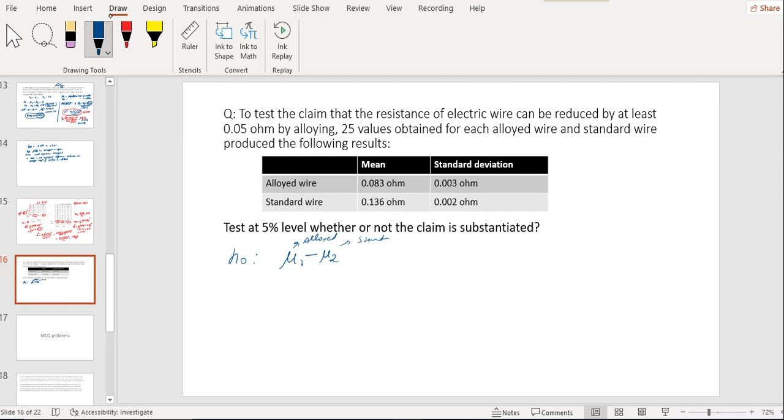When we alloy, the resistance is reduced by 0.05. So it means that their difference is at least 0.05, minimum resistance reduced by 0.05.